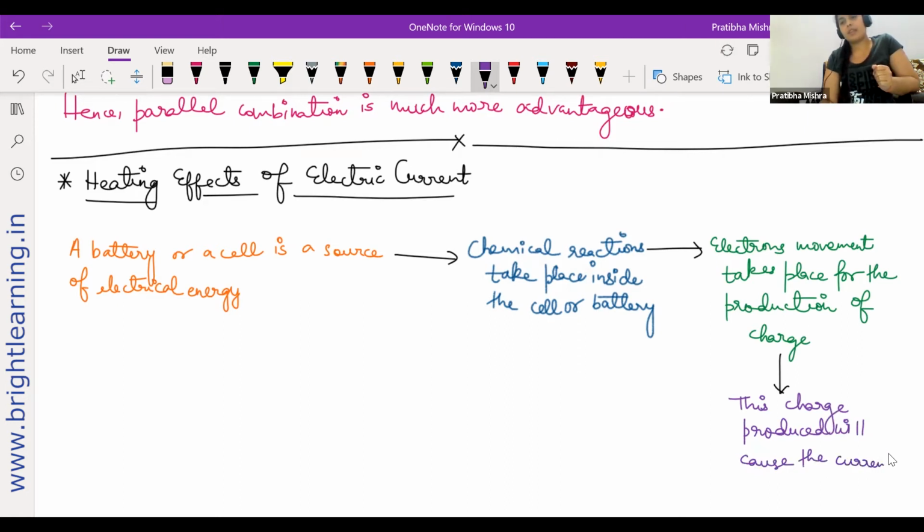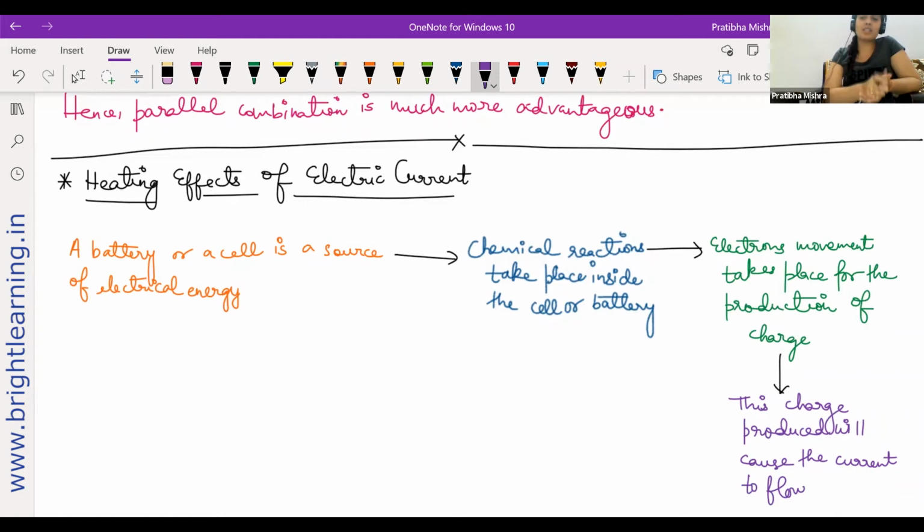Okay, see, what is current? It's nothing but flow of charge at a particular point of time. Q by T is your charge. Sorry, yeah, that's what it is. So the charge will cause the current to flow. Next, what happens?